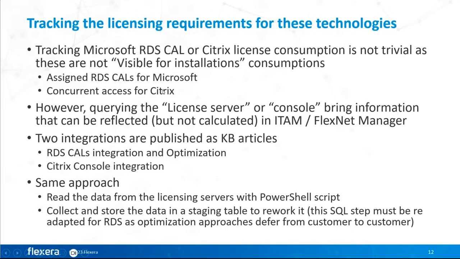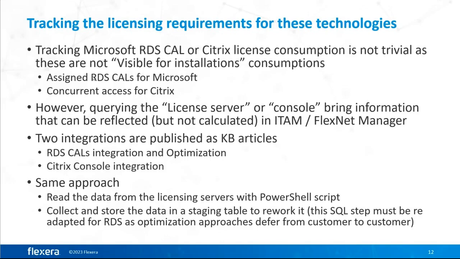What I'm going to post on the community, so track the community, are two integrations that were created for customer projects. One reads from the RDS CALs. The PowerShell queries the Active Directory to get the list of RDS servers, because this is one of the things that AD knows.